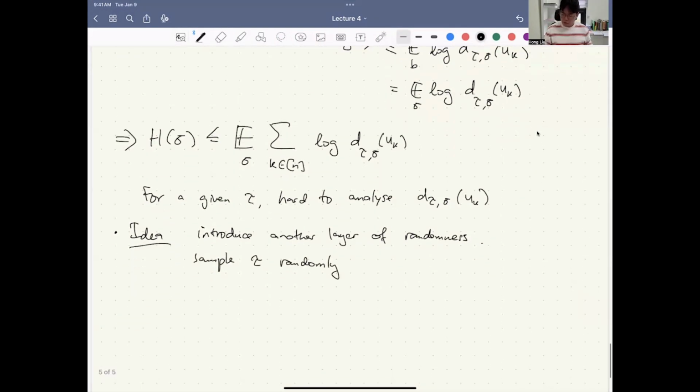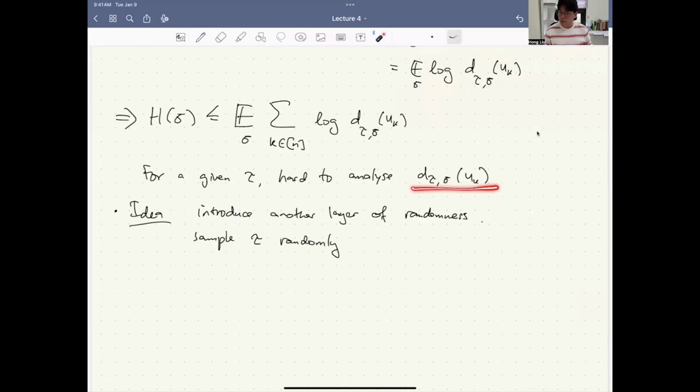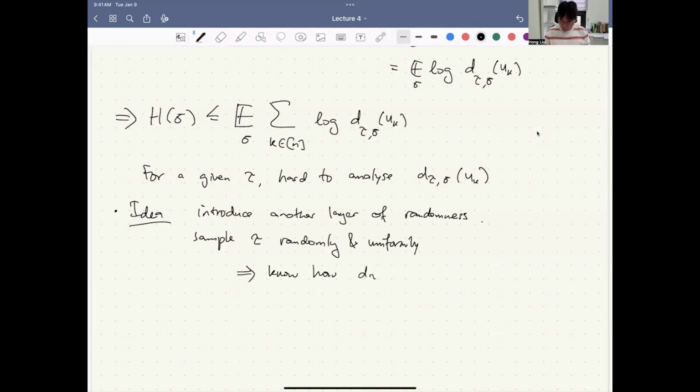Even though for a particular tau it's hard to analyze, if you sample tau uniformly at random, we can at least understand the behavior of this parameter, the number of unused neighbors, in expectation, on average.